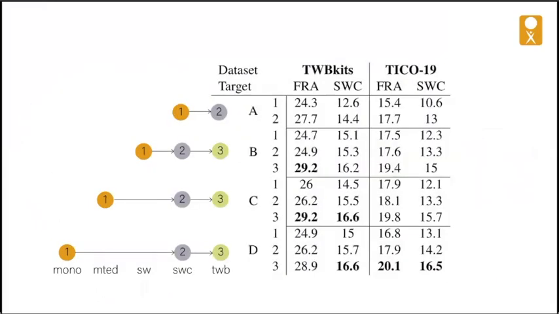So how does it look in terms of BLEU scores? For each procedure, we have tested in 2 different sets. The TWB kit, the Gamayun kits, consists of 1,000 sentences taken aside from training, of course, and 500 sentences from the TICO19 set.